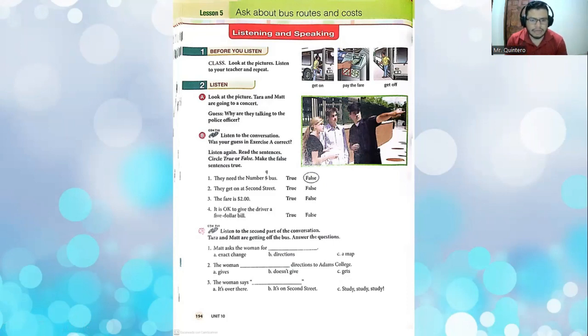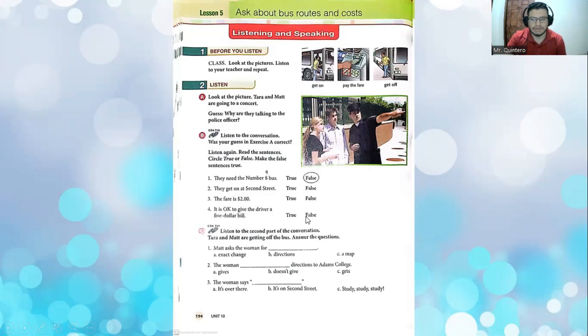Okay, they get on at 2nd Street. It's true, right? 2nd Street. The fare is how many or how much? The fare is $2. It's true. It is okay to give the driver a $5 bill?